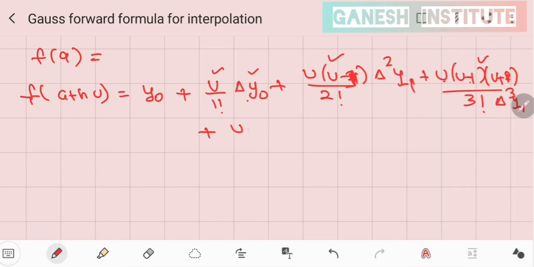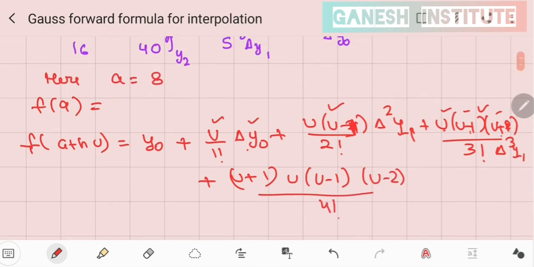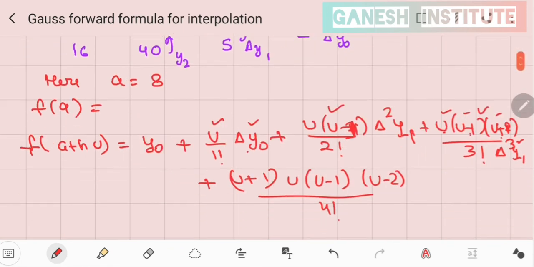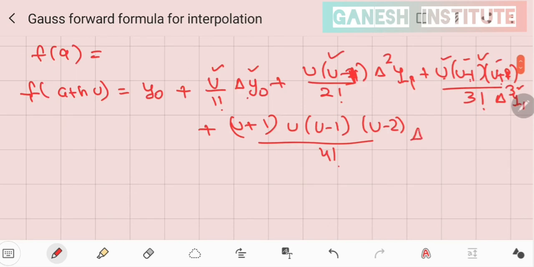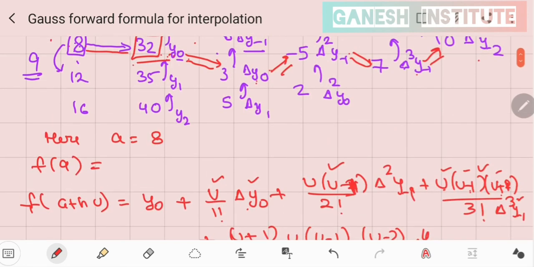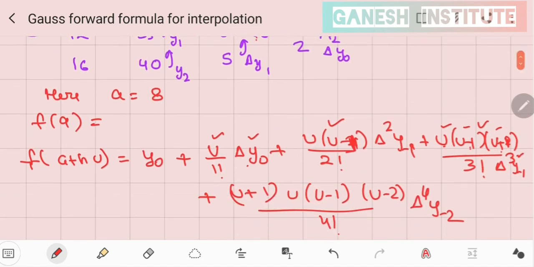The next term would be, till this one, u plus 1, u and u minus 1. These will be the same as you have got. The next term would be u minus 2 by 4 factorial. And what would be the operator? After del cube y minus 1, the operator would be del 4 y minus 2, right? So this is the formula. You can learn it or you can remind yourself with this zigzag motion.